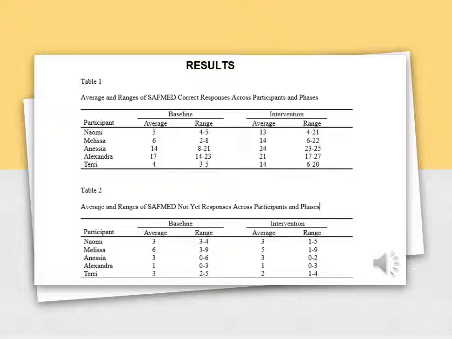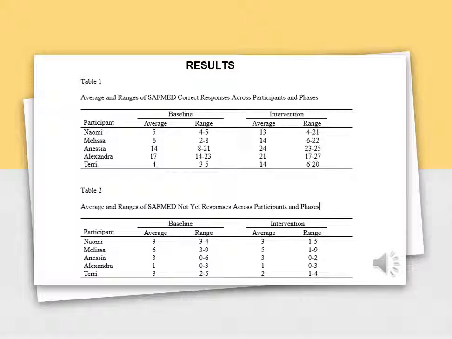As you can see, the baseline averages for the correct responses had a wide range of numbers from 4 to 17. The same goes for averages of not yet responses across baseline, where ranges were 1 to 6. Additionally, the ranges were as low as 2 and as high as 23 for baseline for correct responses, and as low as 0 and as high as 9 for not yet responses during baseline.